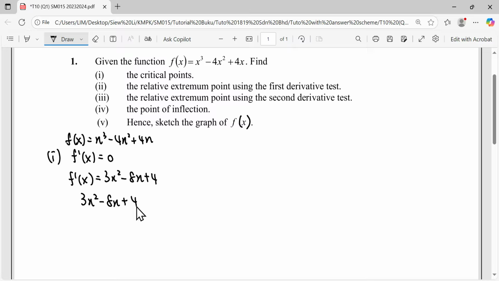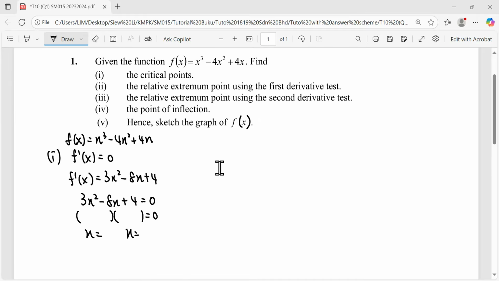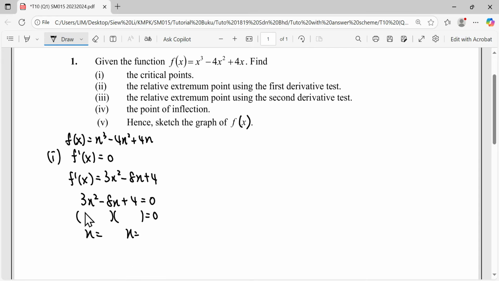Make it equal to 0, and we need to find x. You can use your calculator to help with the factorization. So we have two critical values here, x equals 2 over 3 and x equals 2.